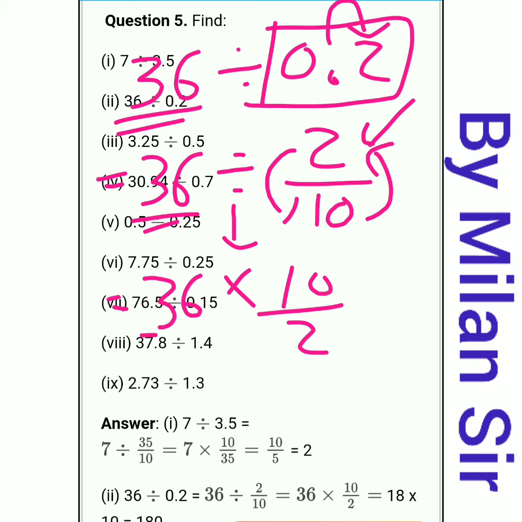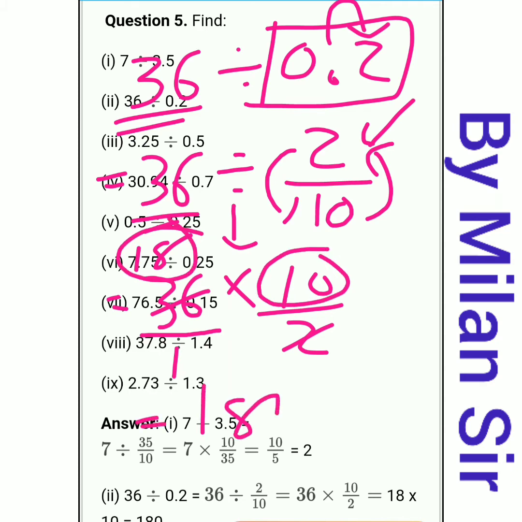Now in the denominator of 36 nothing is there, so we can write 1. Now we can simplify this. 18 2s are 36, so we can cut this. Now in the numerator we have 18 multiplied by 10, so it is 180. Divided by 1 is there, but we do not need to write it because we get the same answer. So 180.